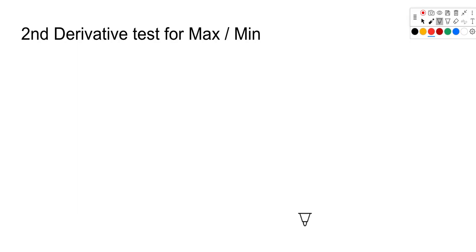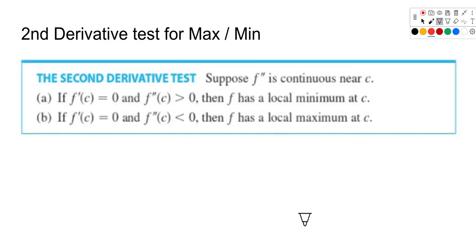We get a minimum when the leading coefficient is positive, right? So when the second derivative is positive, we've got a minimum because it's concave up. And when the second derivative is negative, that means it's concave down, so we're going to get a maximum.